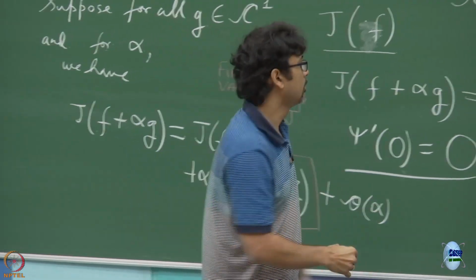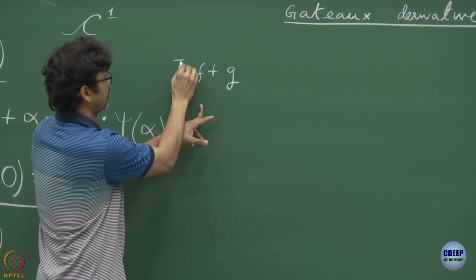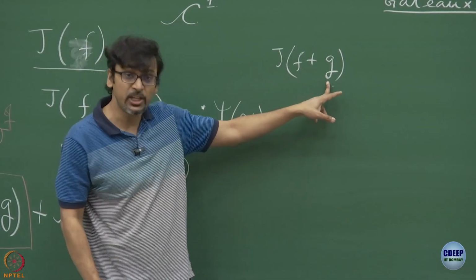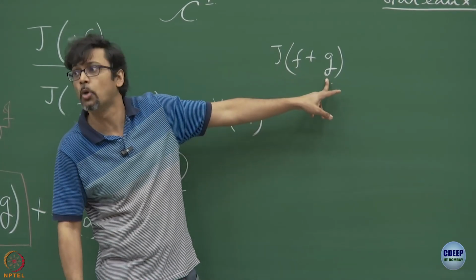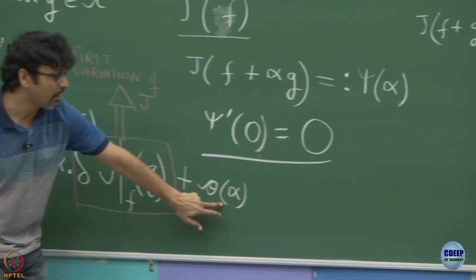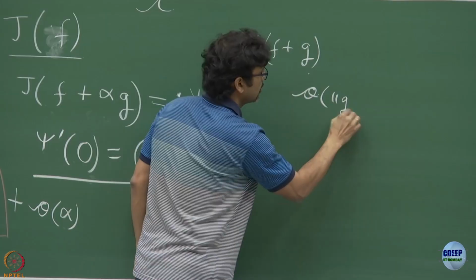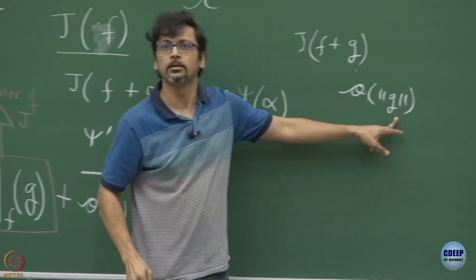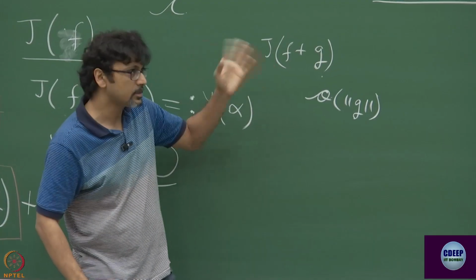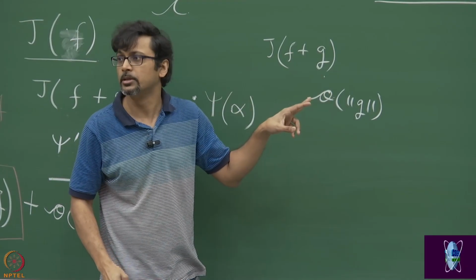So it will be like, say, f plus g, where the norm of g has to be itself restricted to be very small, and instead of having order alpha terms here, you will then have order norm of g terms here. So you immediately can at least get a hunch that this is a much stronger notion of differentiability, yeah.